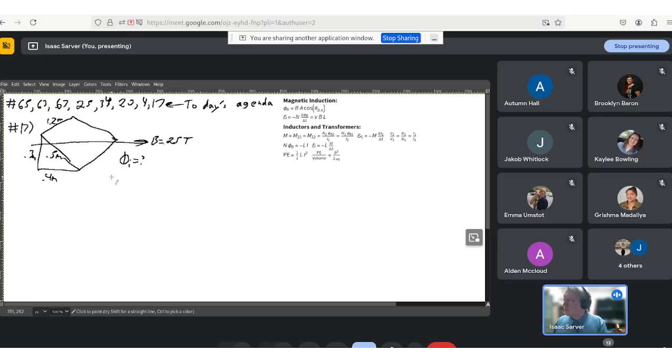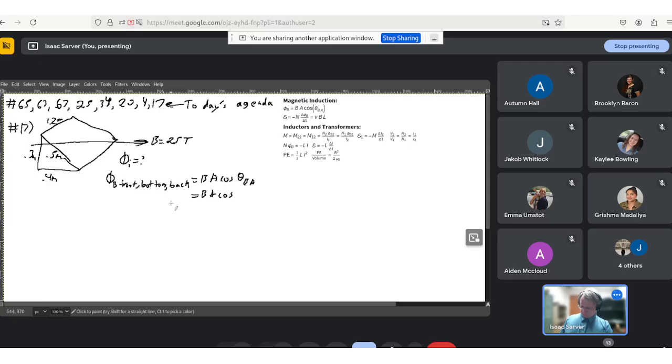Okay, so for the magnetic field, magnetic flux for front, bottom, and back, this is equal to B times A times the cosine of the angle between B and A. Alright, B, A, and the cosine. I've grabbed each three of these for a particular reason.